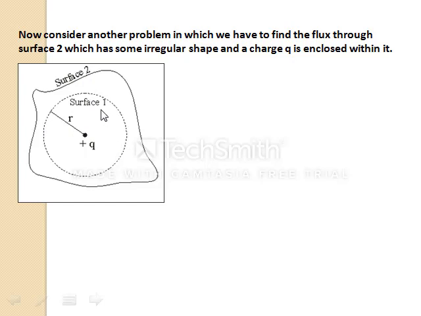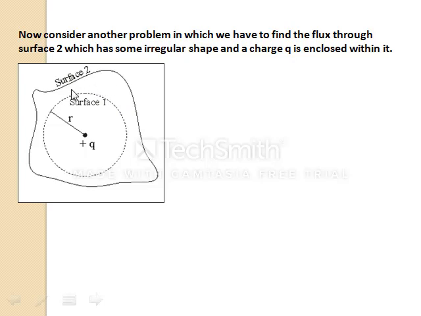Anyhow, the electric lines of force which are crossing the surface 1 also cross the surface 2. So the number of lines crossing surface 2 is the same as the number of lines crossing surface 1, because there is no source or sink of electric lines of force in between.